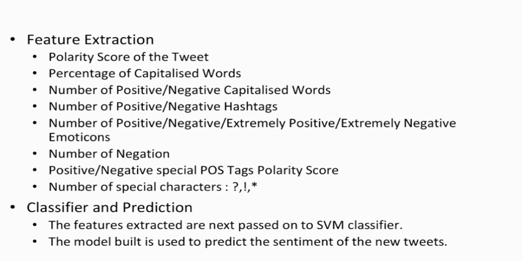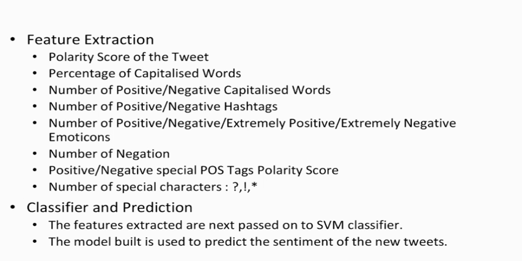Then the next process is feature extraction. The polarity score of the tweet and the percentage of capitalized words have to be calculated. Number of positive and negative capitalized words, number of positive and negative hashtags, number of positive, negative, and extremely negative emoticons. Then number of negations. So these are the types of features which have to be extracted.